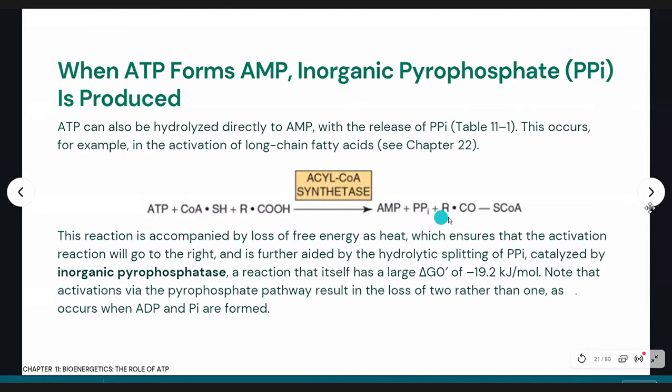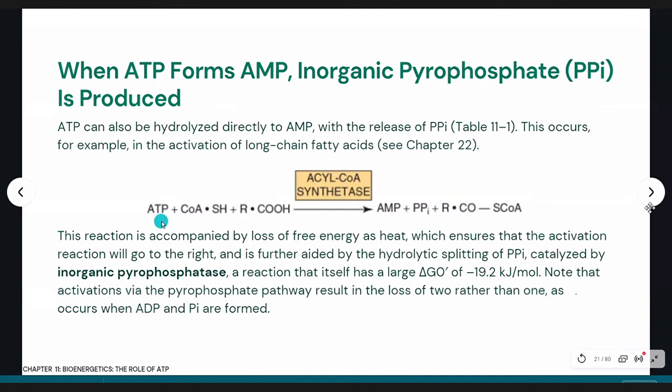This is the activation of fatty acid. Before you can utilize your fatty acid, it must be activated by adding coenzyme A, and that requires ATP.